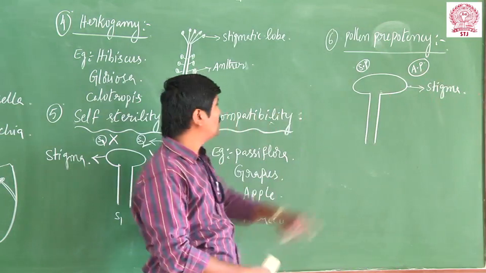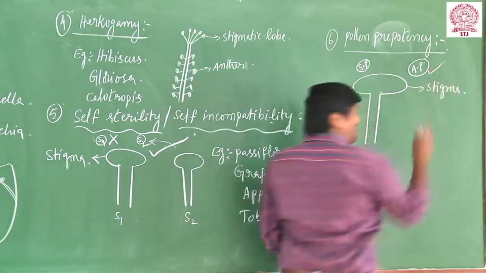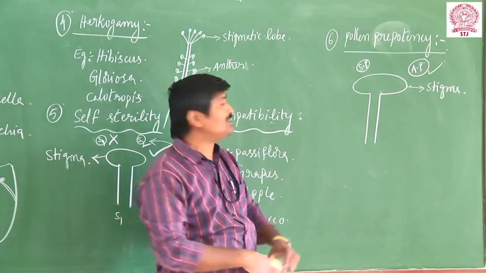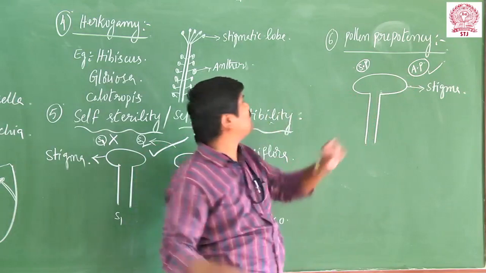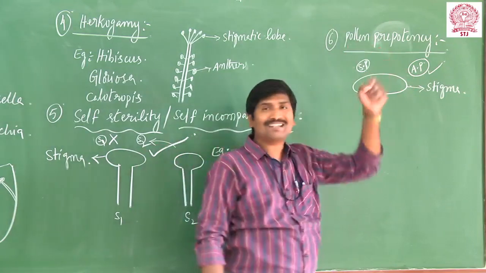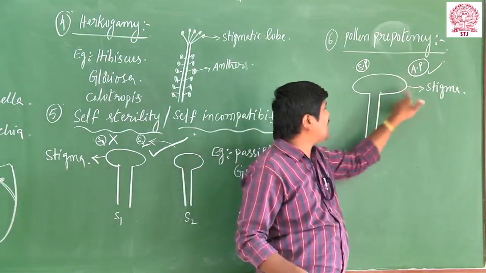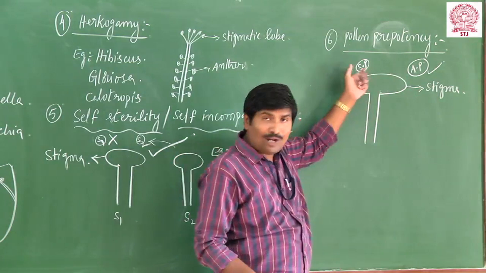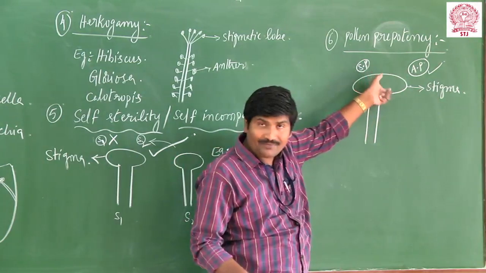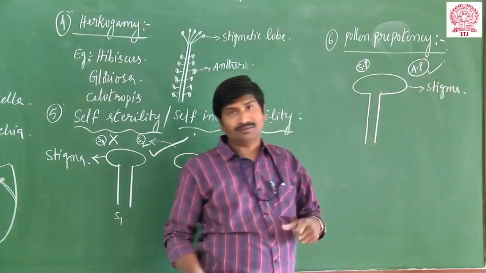First here, which pollen grain came from another flower? That pollen grain is germinated first. That is known as pollen-free potency. At a time, two pollen grains are landing on the stigmatic lobe. One pollen grain came from the same flower, another from another flower.